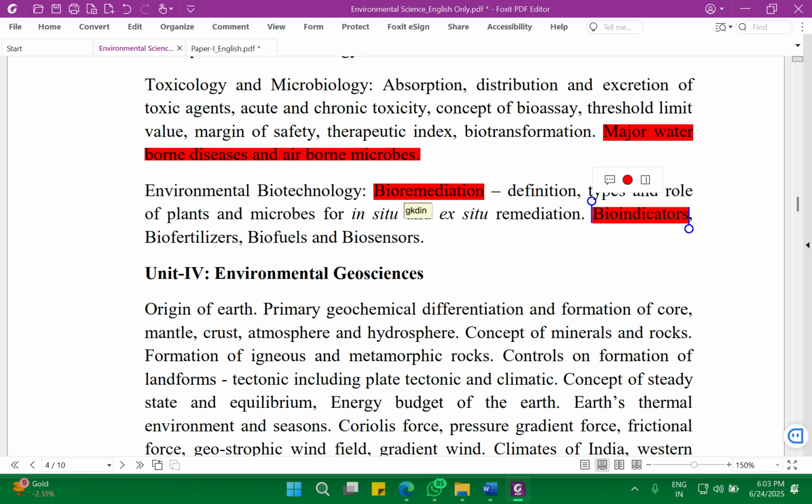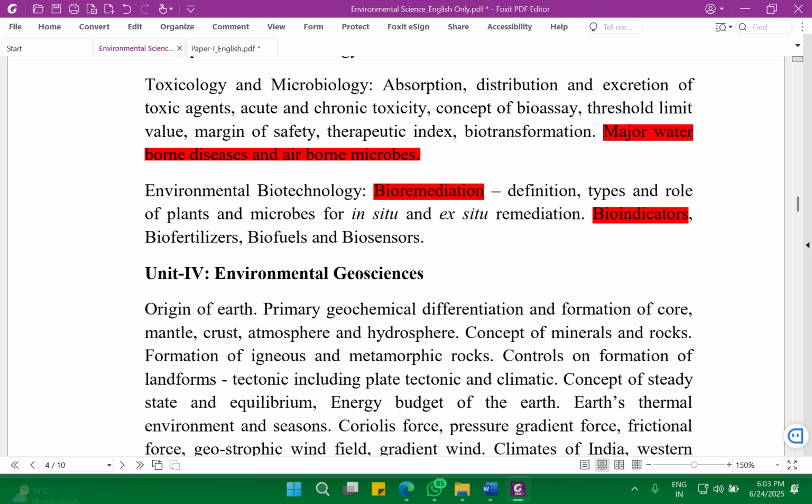They may ask. They may give some microbes name as well. So suppose Bacillus and Desulfuricans, those kind of bacteria were used for remediating sulfur, iron, ferroxidons, those kind of things.